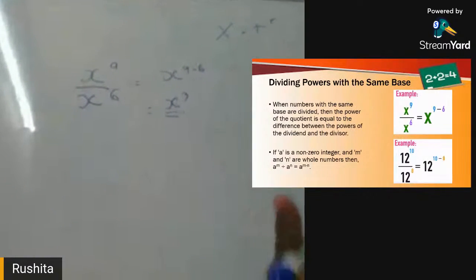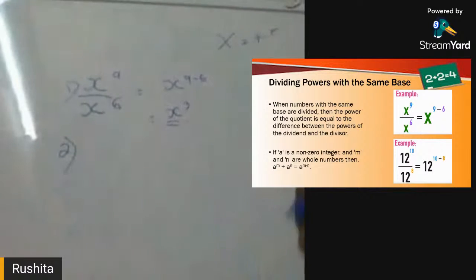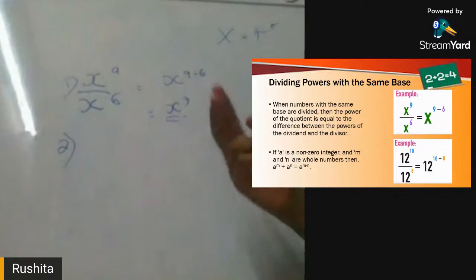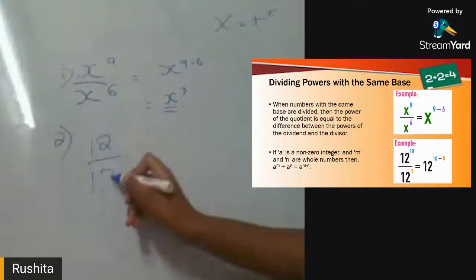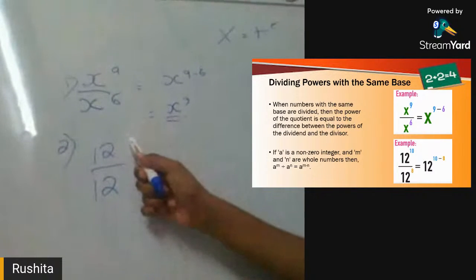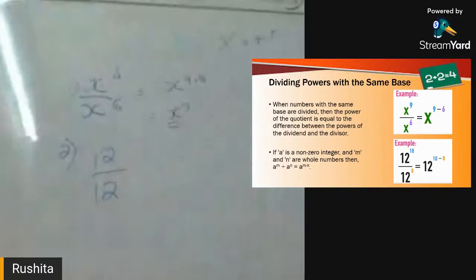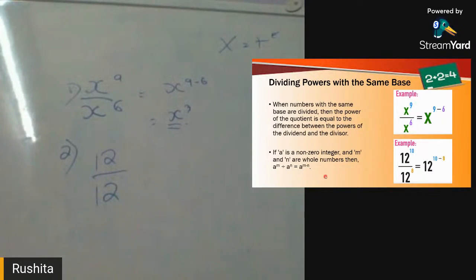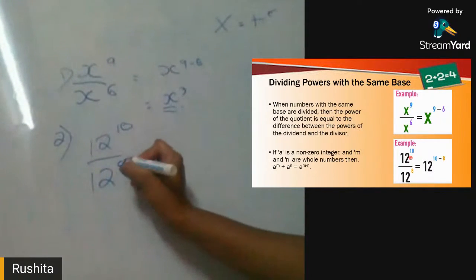Now coming to the second example. The second example is 12 to the power of 10 divided by 12 to the power of 8.